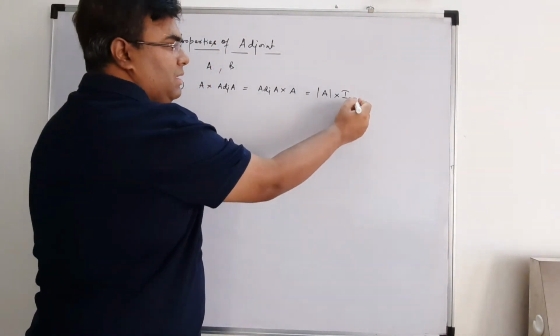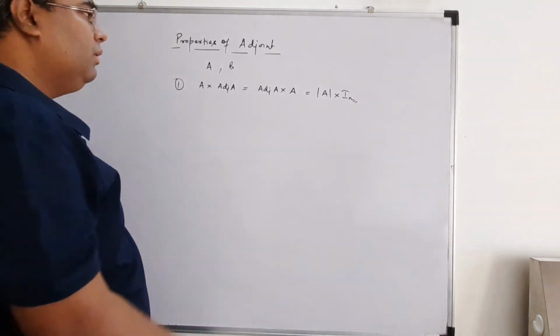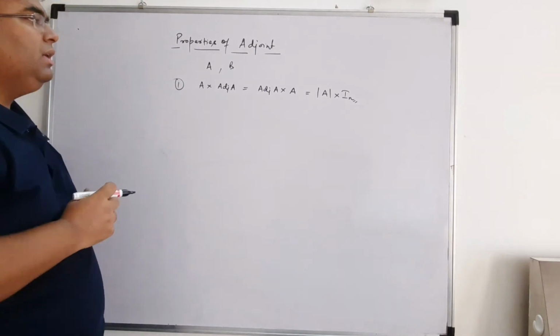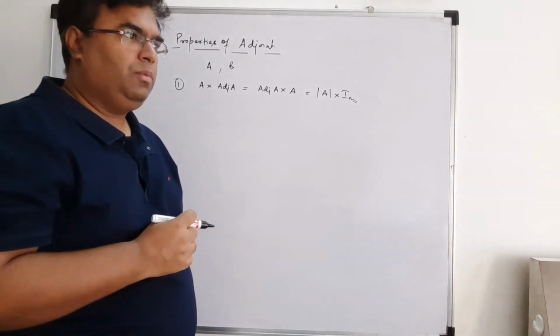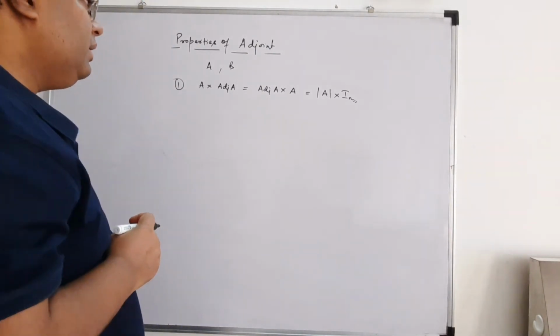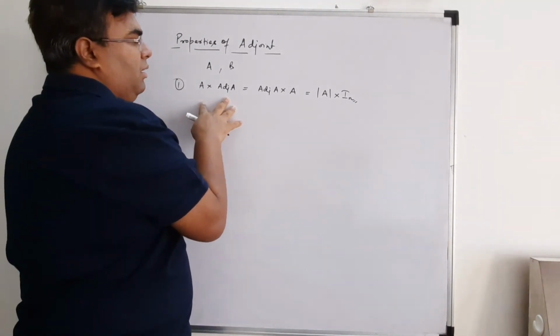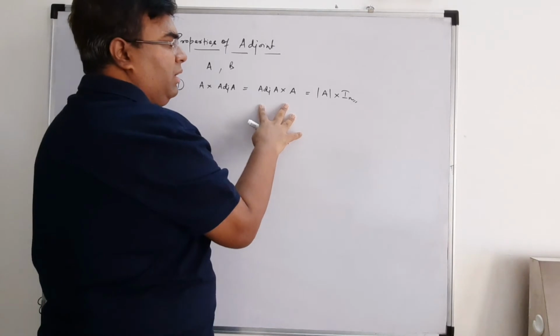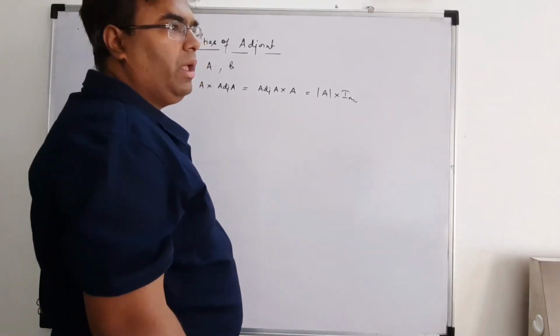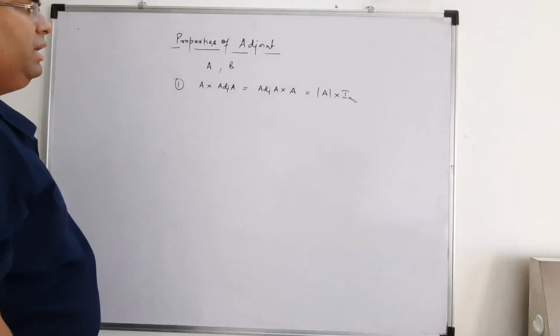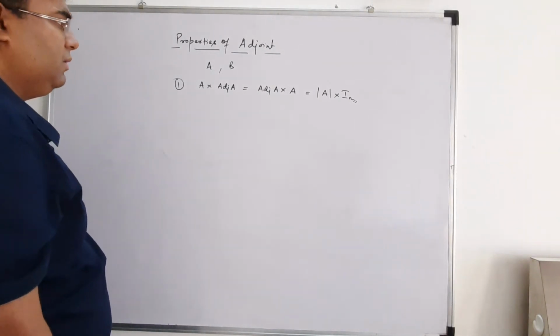This n is basically the order of the A matrix. Suppose A is a square matrix, then A multiplied by adjoint A is equal to adjoint A multiplied by A, which is equal to mod A multiplied by the identity matrix. A is my square matrix.